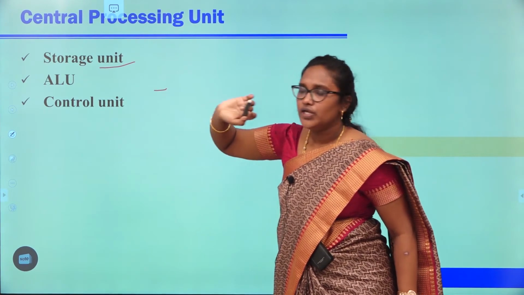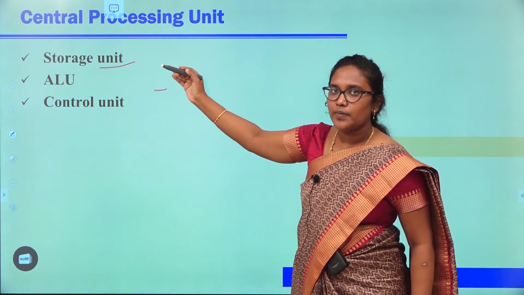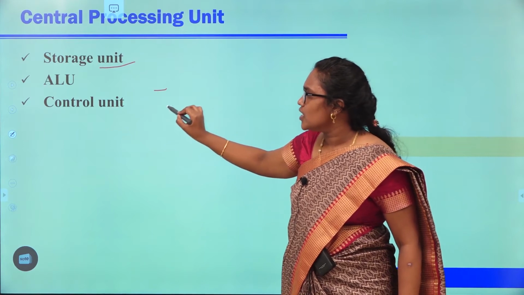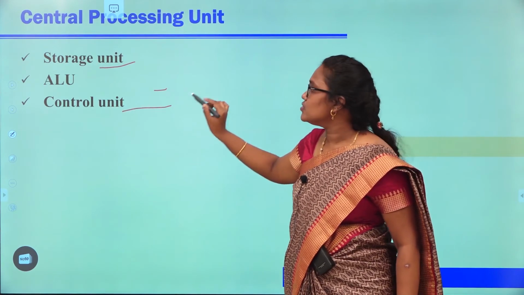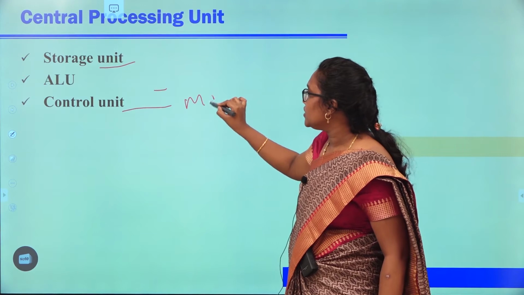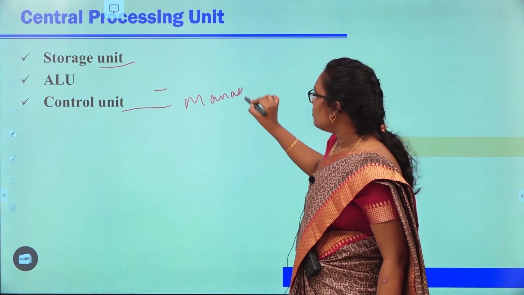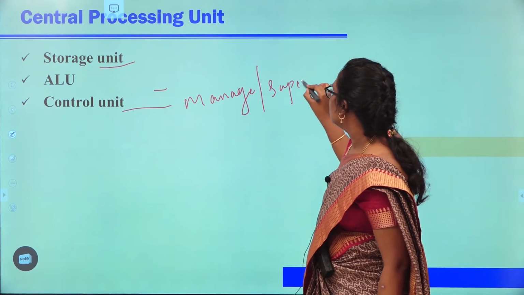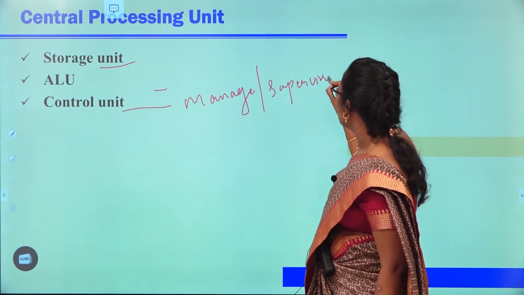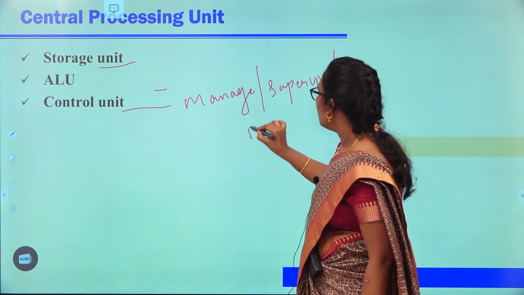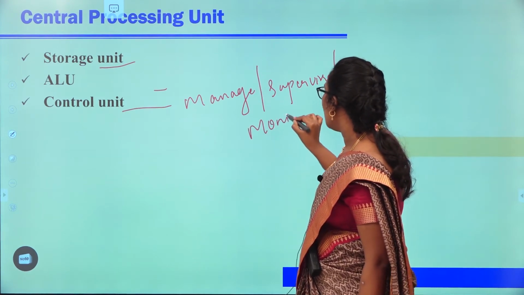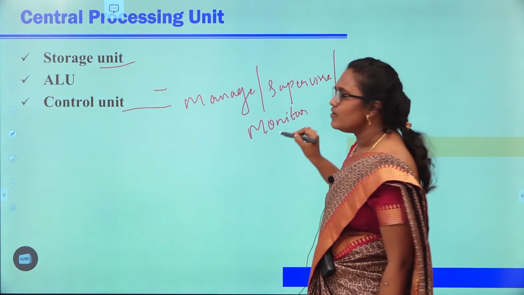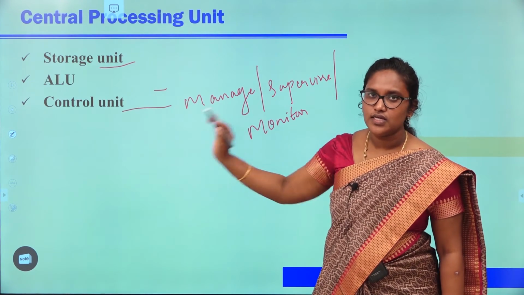Arithmetic logical unit means arithmetic operations and logical operations. Control unit, always remember, has the power to manage or supervise or monitor the working of all other devices in the CPU.